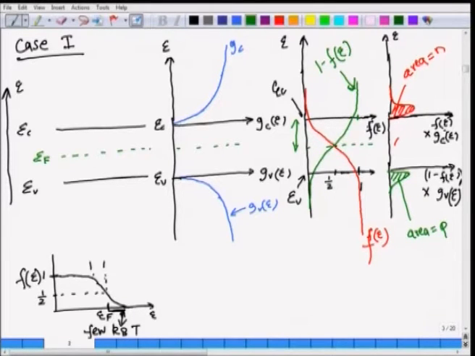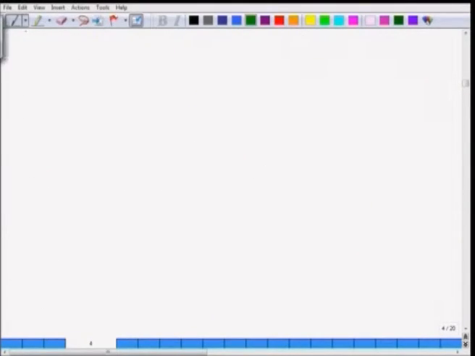Now, I am going to take this Fermi energy very close to conduction band, and in the third case, I am going to take this Fermi energy very close to valence band and see how these curves look. So, let us do that. This is case 2, and I am going to do it very quickly now, since you understand it. So, here is case 2.